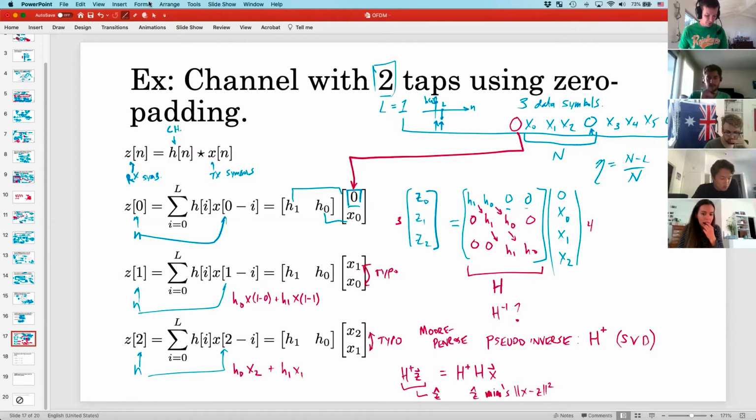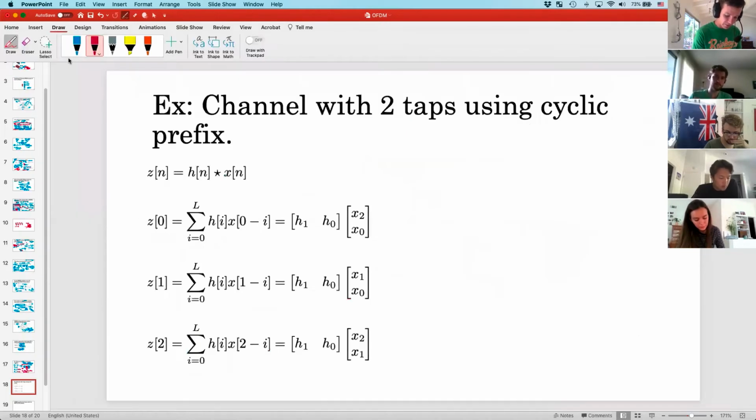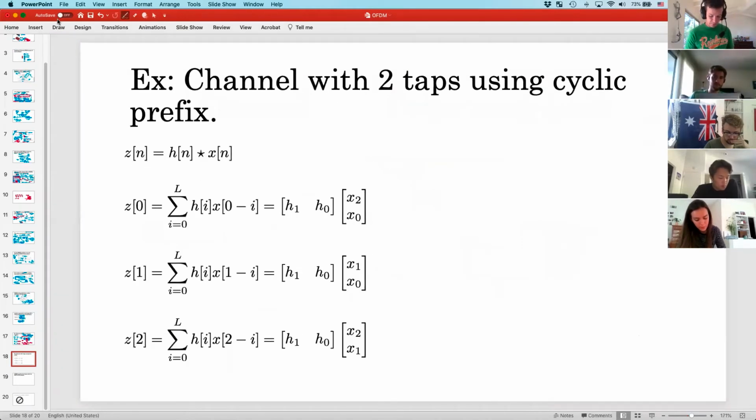Okay, so this is what one would do when we're going to zero pad for your guard intervals. Alternatively, if you use a cyclic prefix, so now the setup is still got 2 taps, so same channel, let's say, and now we're sending x0 and then x1 and then x2, but, and this is the idea behind the prefix, you have to wait until the x2 comes around before you send this quartet.